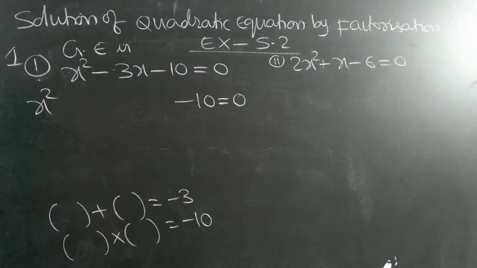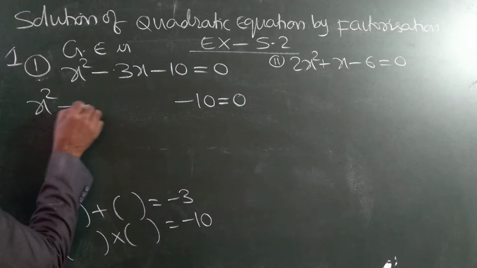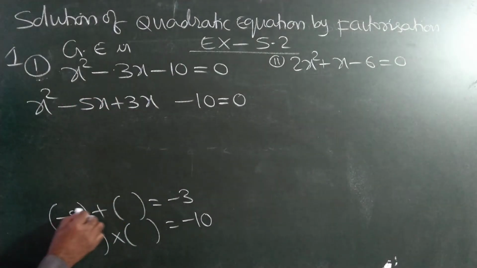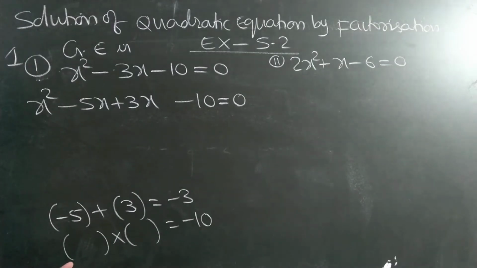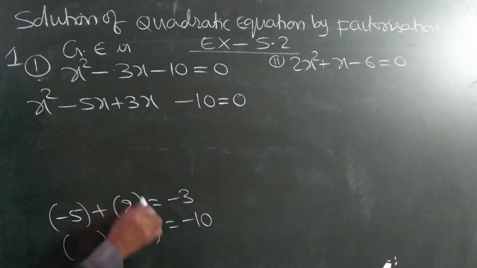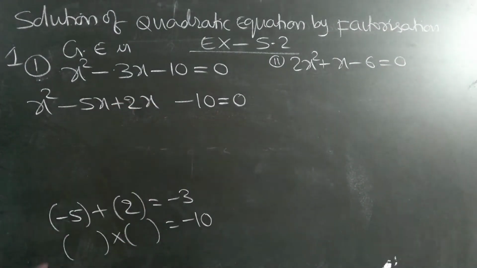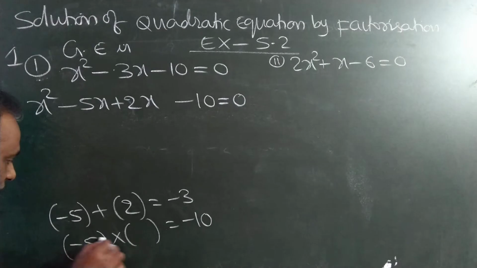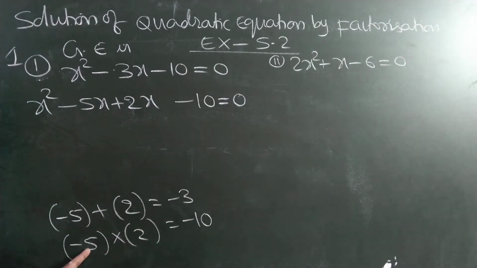This is not new, you did so many problems. See students, minus 5 plus 2 is minus 3, and minus 5 into 2 is minus 10. Correct.